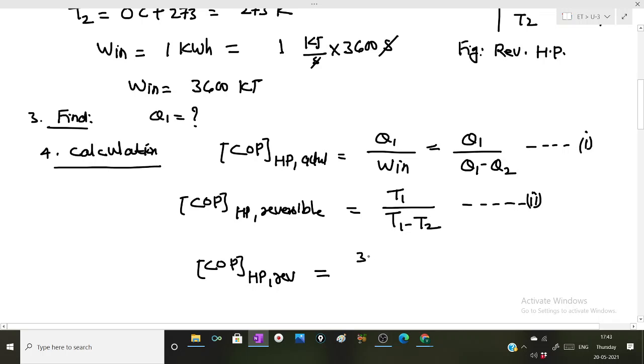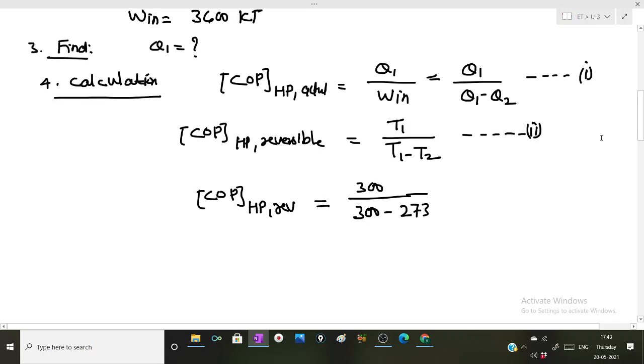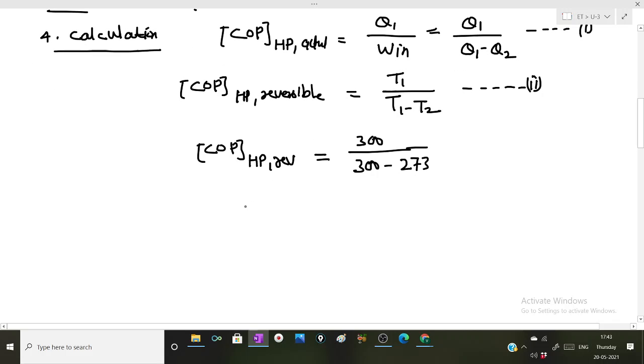T1 is 300 Kelvin, 300 minus 273. So the Carnot COP of the heat pump comes out to be 100 over 9.